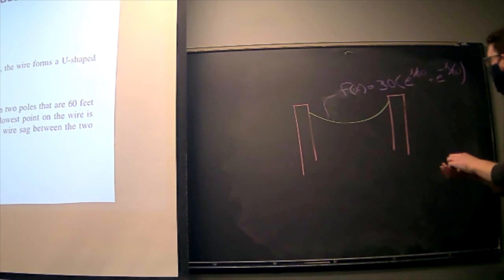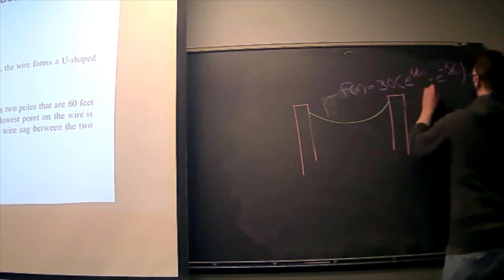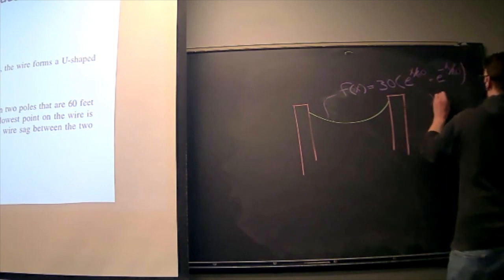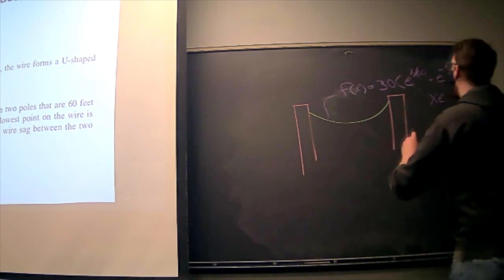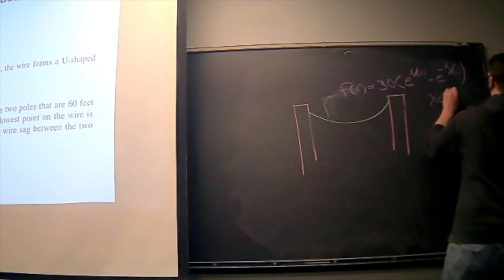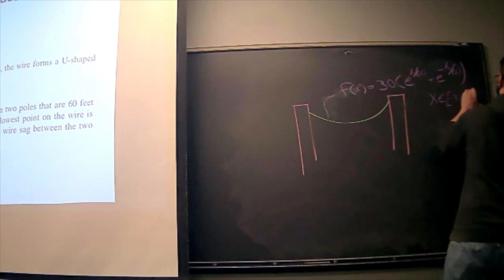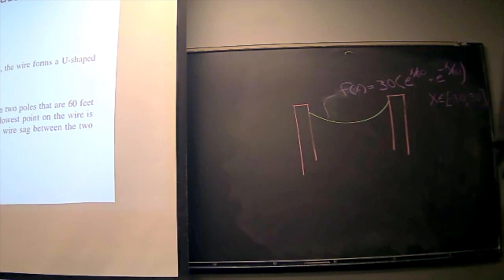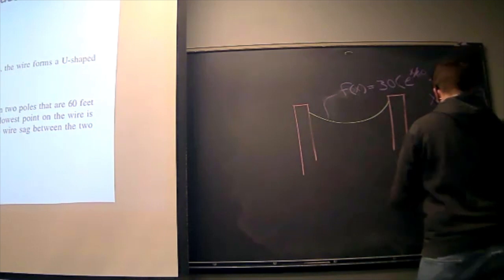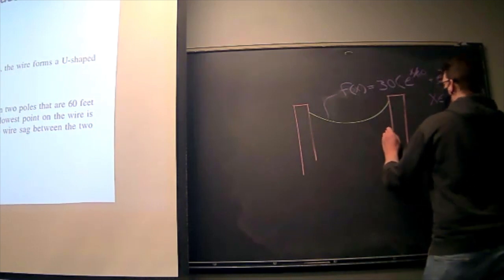And we're going to restrain ourselves to the interval, inclusive, negative 30 to 30. And what this is modeling is the droop of a power line between poles that are 60 feet apart.